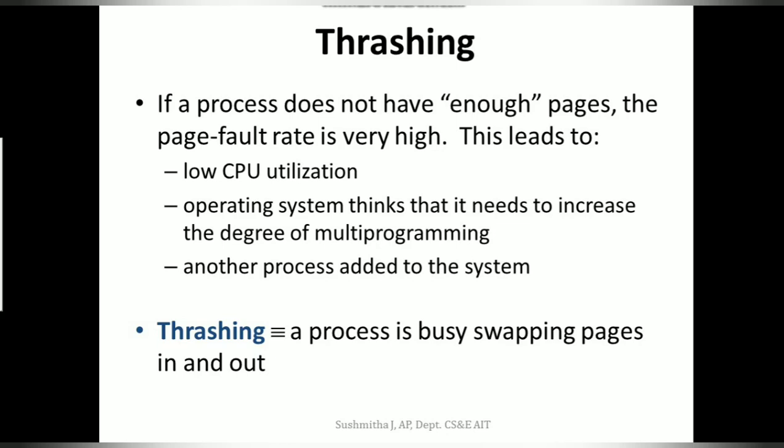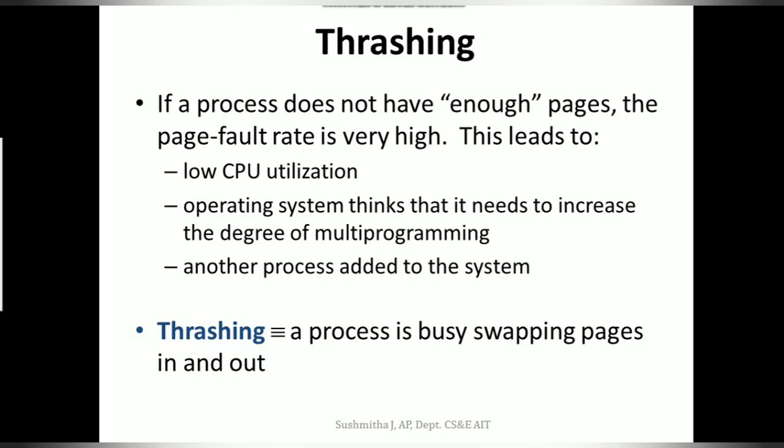To put it in a nutshell, a process is spending more time paging than executing. When does this situation of thrashing occur? If a process does not have enough frames, that is, the number of frames allocated to a process is very low, what happens?